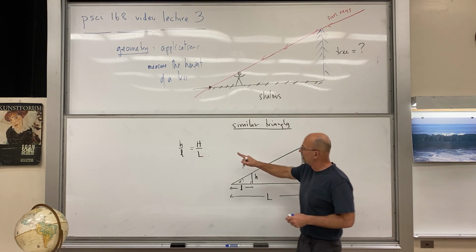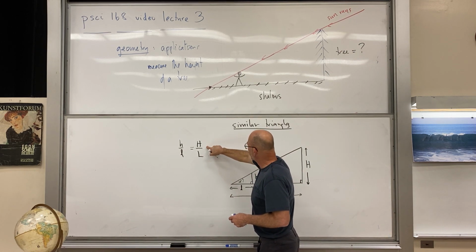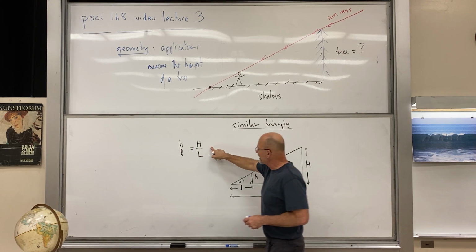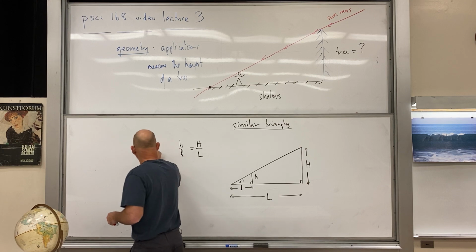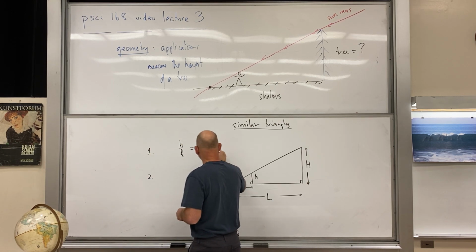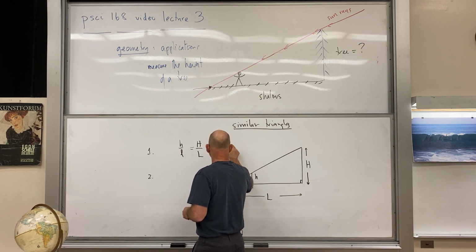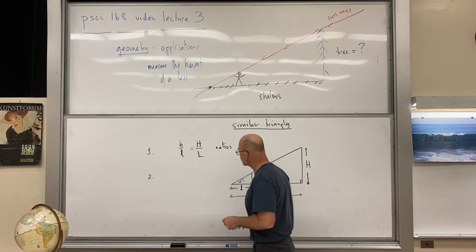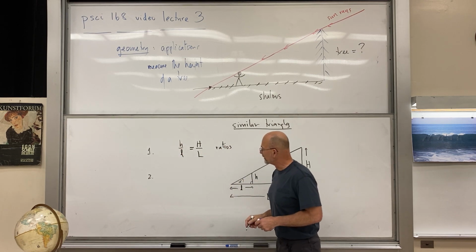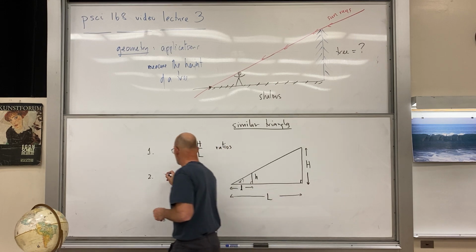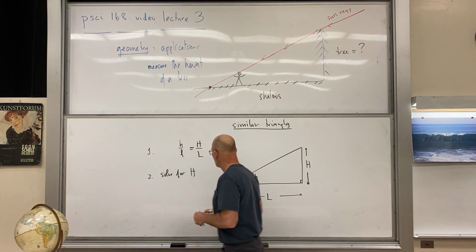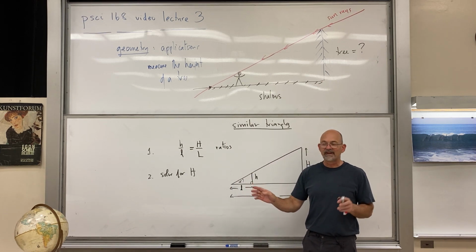So this is an equation, and we wanted to find out what the height of the tree is. So we write down this ratio, and the second thing is, these ratios, they're equal, we've got an equal sign here, and then we go ahead and solve for capital H. And you can see how many steps it takes you to do.